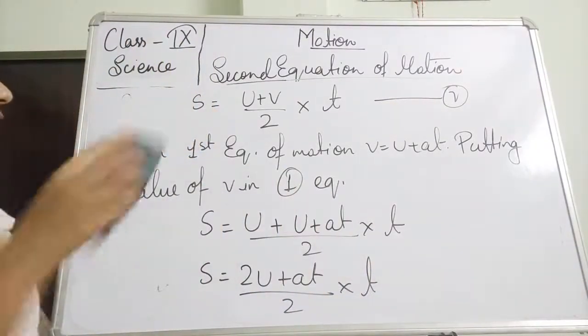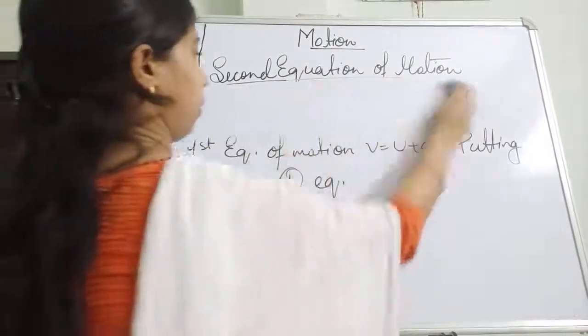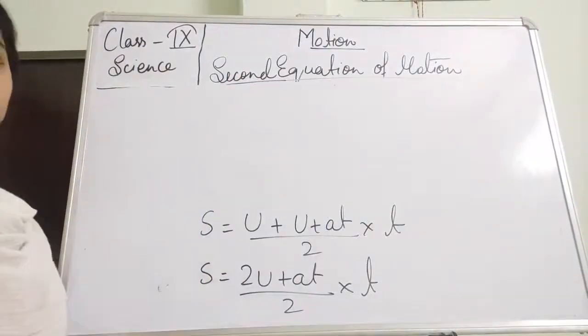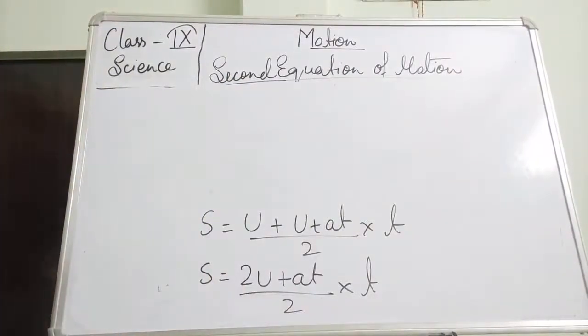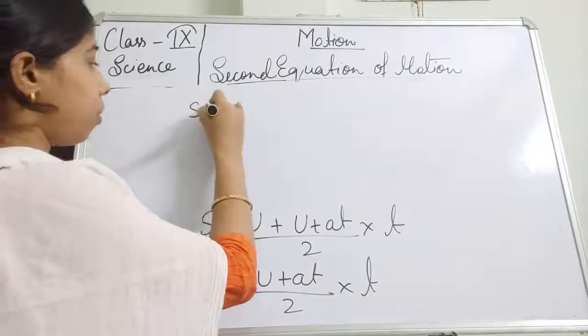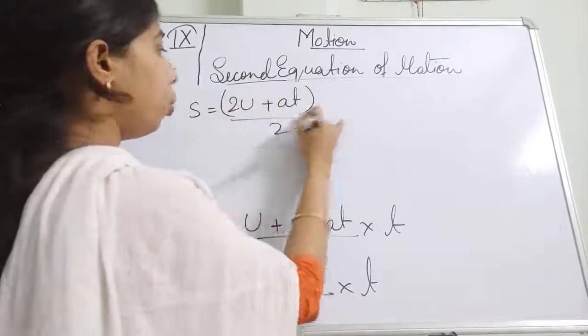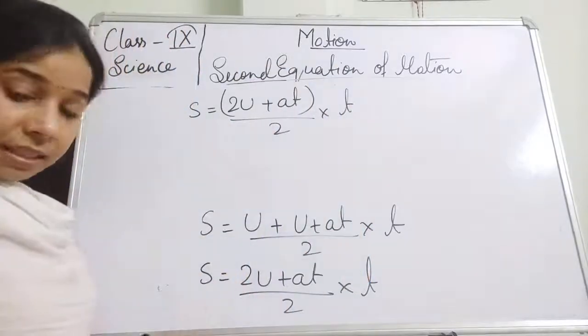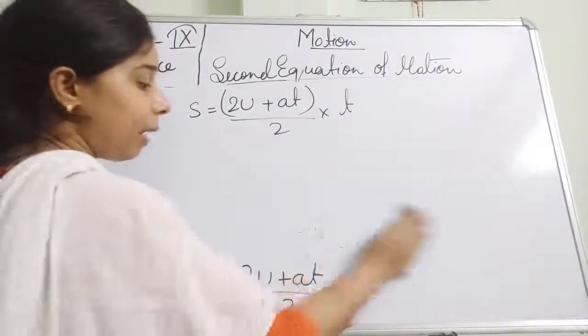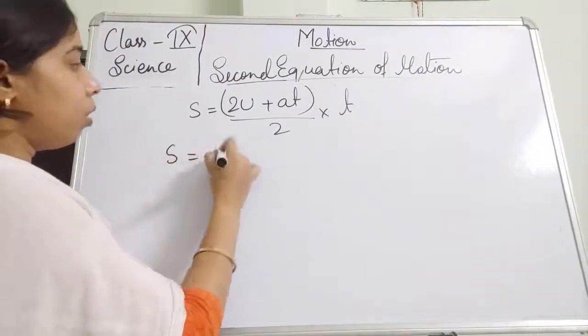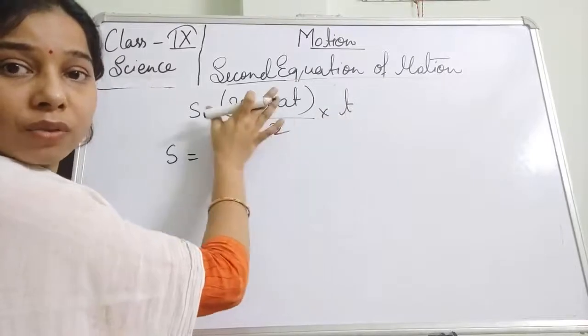Now you see here students, we can also write it S is equal to (2u plus at) upon 2 into t. Now this t will get multiplied with both of the terms, because we have to open the bracket.